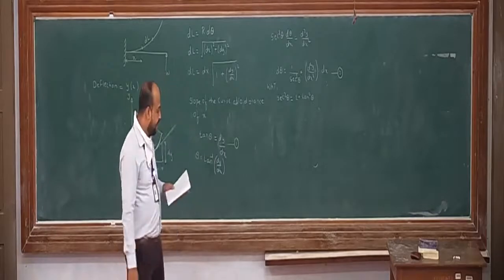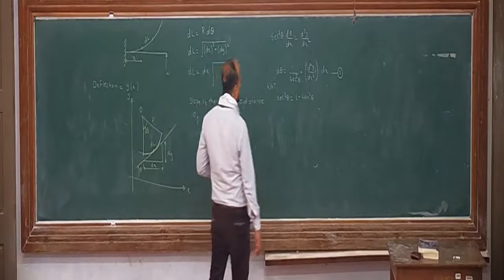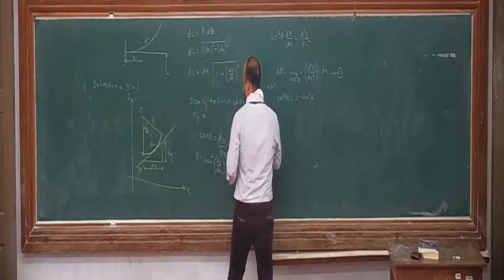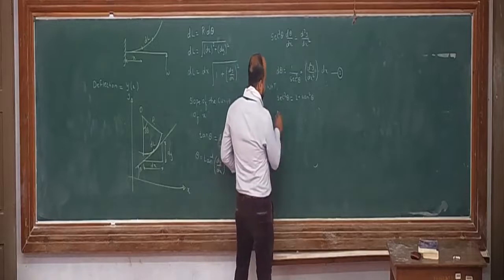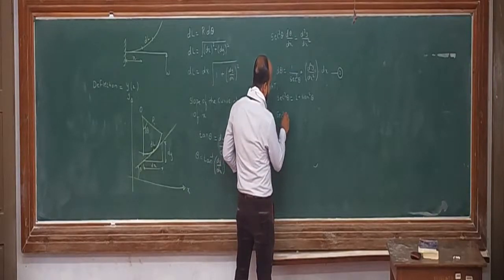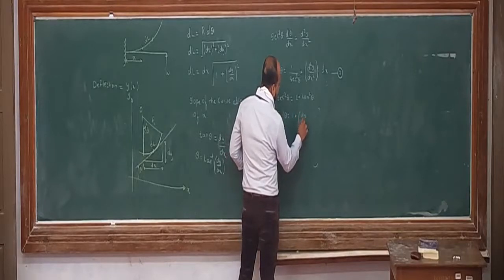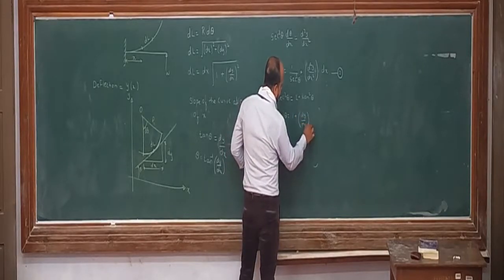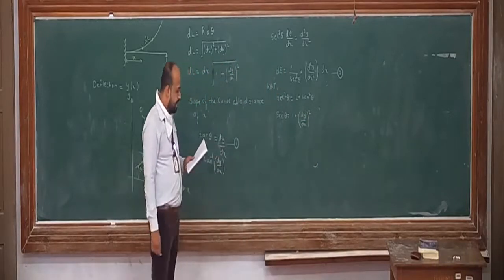So substitute tan theta, which is dy by dx. So sec square theta is 1 plus dy by dx the whole square.